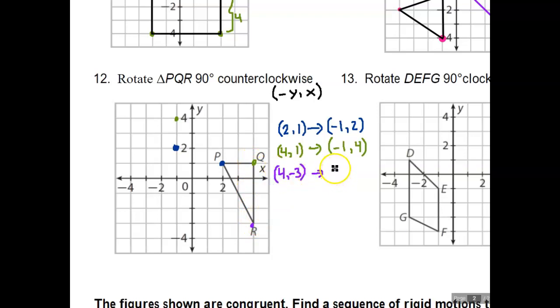So that's going to be 3 comma 4, right? Because negative y, the opposite of negative 3 is positive 3, and the x stays the same. So 3 comma 4. Okay, so there would be a 90 degree rotation counterclockwise. Remember that all shapes by default rotate counterclockwise.